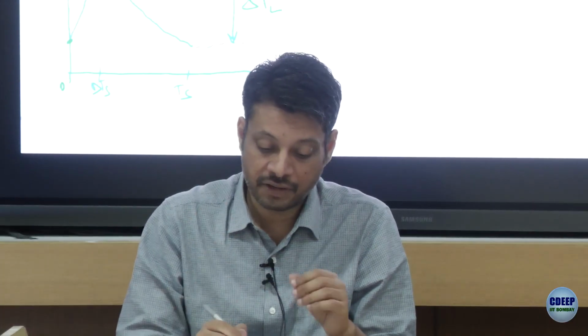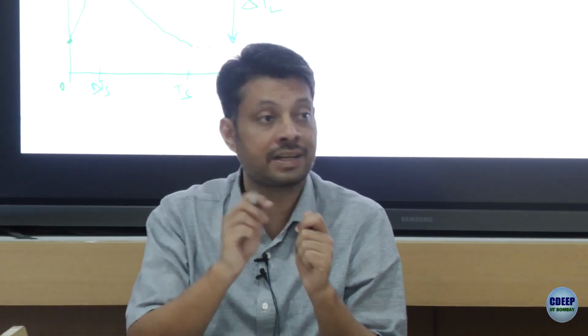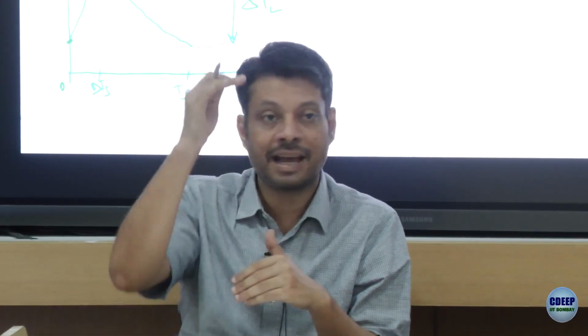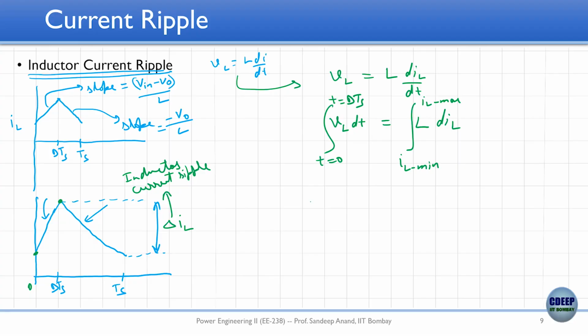So, what I have done is I have figured out where the current is minimum, where the current is maximum, and now I am integrating over that period, so that I get I max minus I min, right, I get the ripple component. Is that okay? So, if you have to find the ripple, you figure out where will be minimum, where will be maximum, and then try to integrate. So, on the left side from 0 to Ts, VL is equal to Vin minus VO.